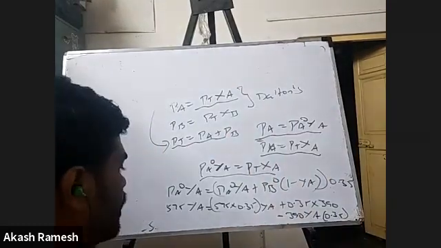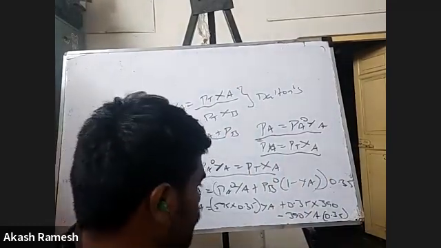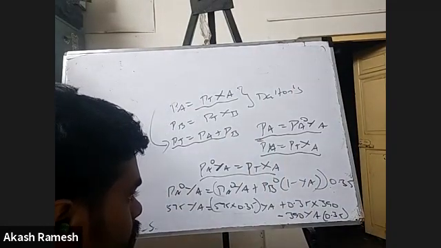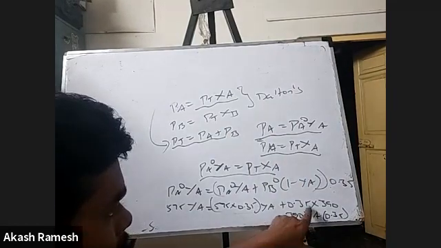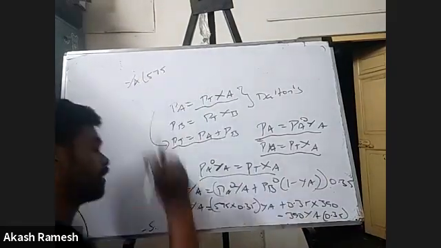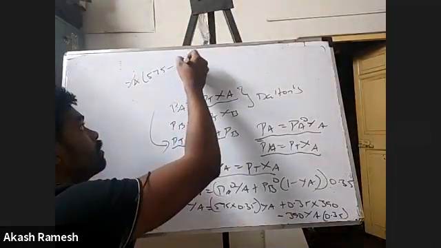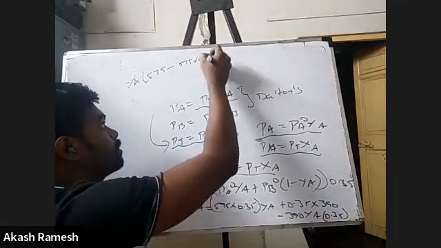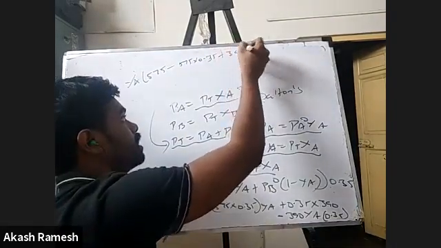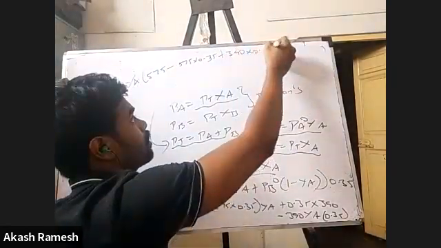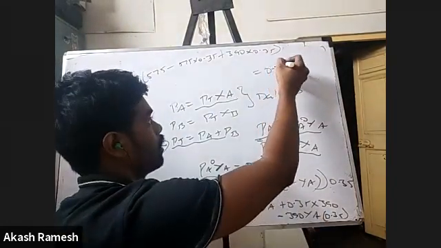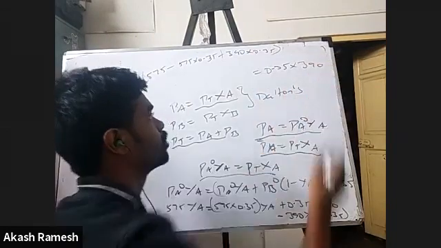Okay, so if I just take the YA terms, this only will be remaining this side, rest all will go this side. So it will be YA, if I take common, 575 minus 575 into 0.35 plus 390 into 0.35, and this is equal to 0.35 into 390.